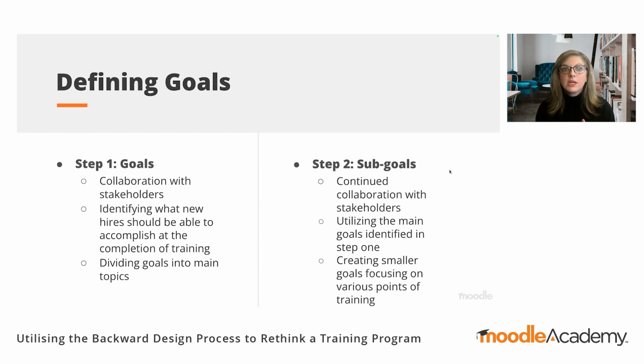If you were to think of it as riding a bike, for example, your main goal may be that the learner can ride their bike one block. Well, a sub goal of that would be that the learner can get on the bike. Those are little things along the way to know that they're going to be able to achieve that big goal at the end. So we're thinking of those smaller goals, focusing on the various points of training.